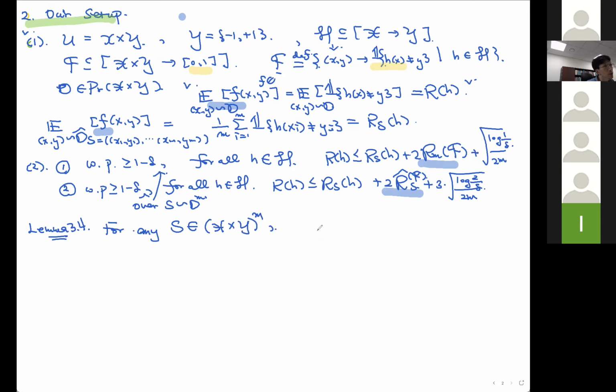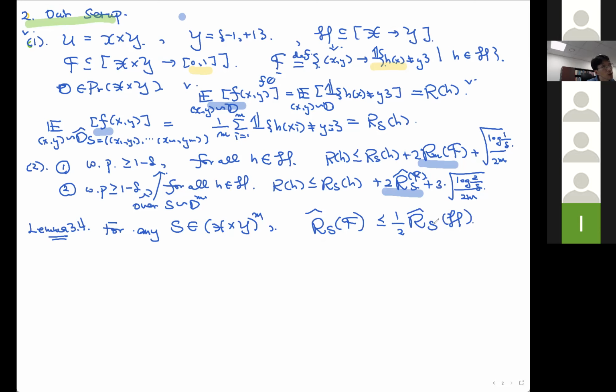We have that the empirical Rademacher complexity of this function class F is bounded above by 1/2 the empirical Rademacher complexity of H.